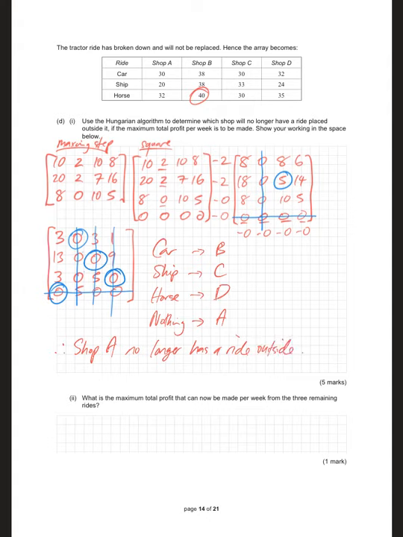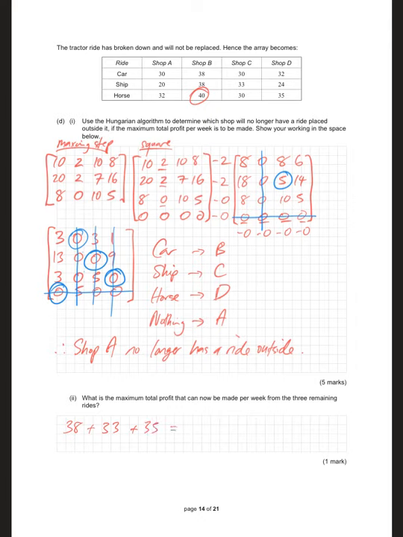What's the maximum total profit that can now be made per week from the 3 remaining rides? Shop B car was 38. Shop C ship was 33. Shop D horse was 35.